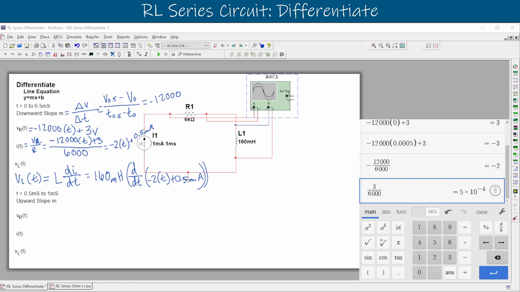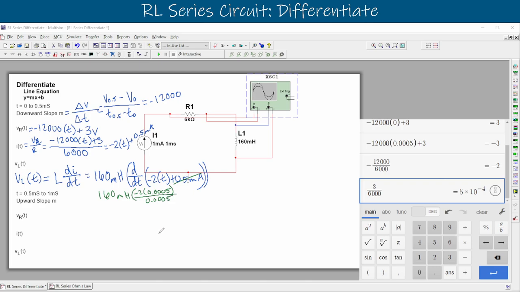Since this doesn't have any sine or anything like that in it, we can eliminate anything that doesn't have a variable with it, like this 0.5 milliamp, and we can solve for the rest by plugging in our time value. So we can say that we now have a 160 millihenry multiplied by, we'll put this 2 on top, so this negative 2 times 0.0005 divided by our t variable, that's still on the bottom of that division there.